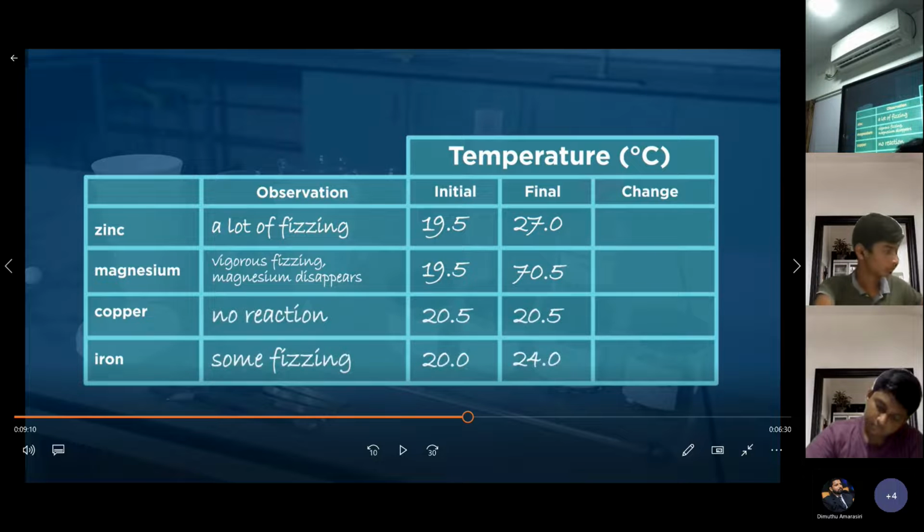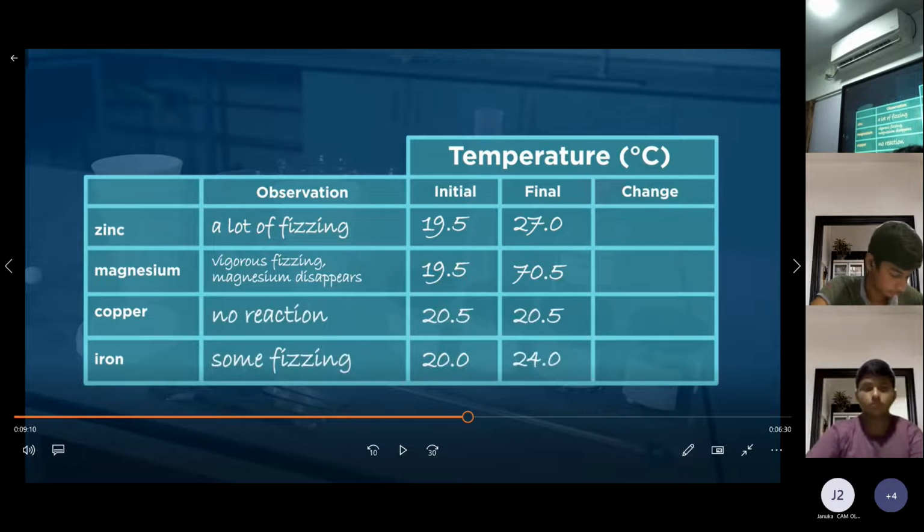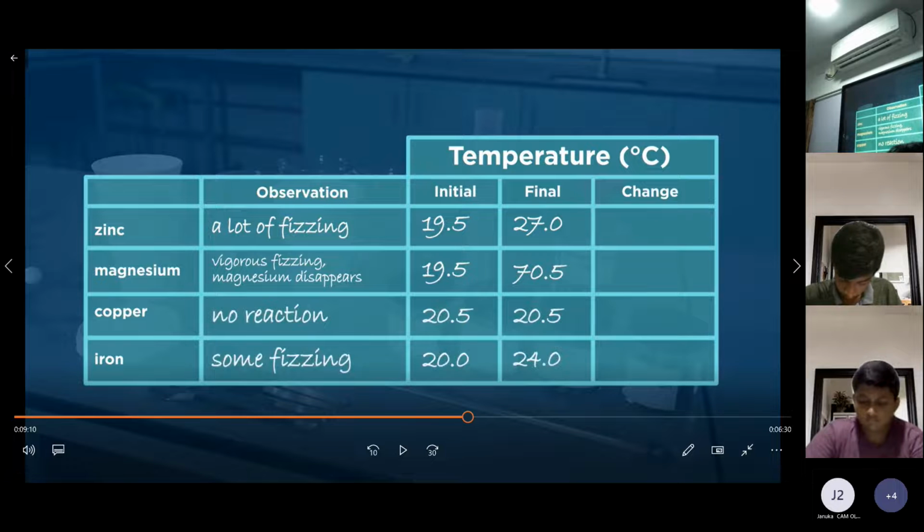Why is it highest in the reactivity? Yes, the change in temperature and vigorous observation. Jennifer? I'm sorry, I can't hear you properly. So why is magnesium highest in the reactivity?